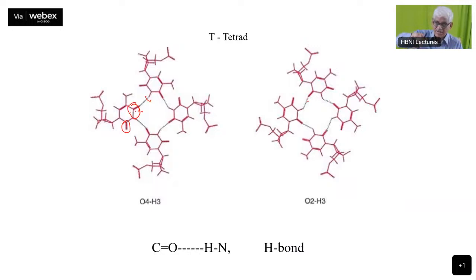So you have to slightly rotate those groups, and then it will form a stable structure. Once again you form a very nice hole in this position, and these can carry ions, potassium ions, sodium ions, and they can provide stability. The interior is very stable because it has a very nice electrostatic atmosphere.